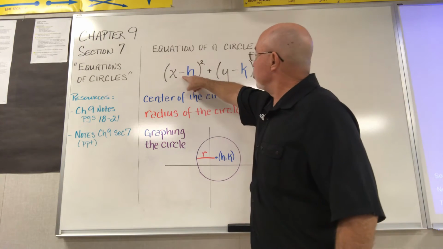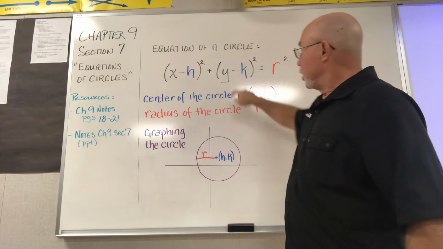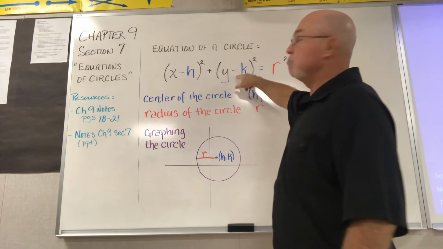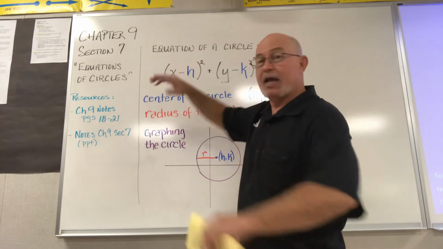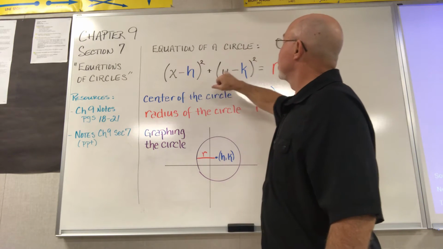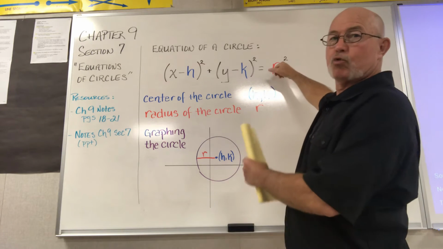I want you to notice that both of these are negative signs. So if both of these numbers are positive, nothing changes but those points. Let's say we've got x minus 5 squared plus y minus 8 squared equals 10 squared.